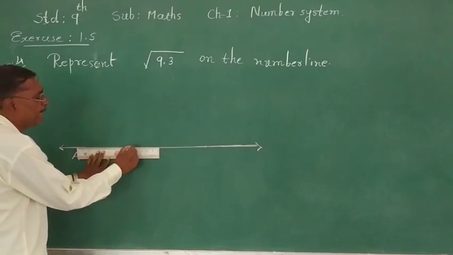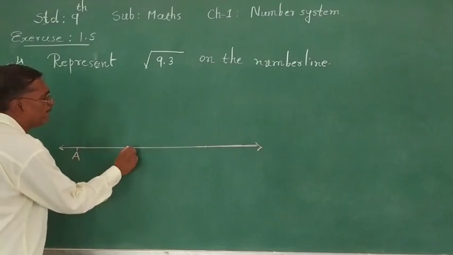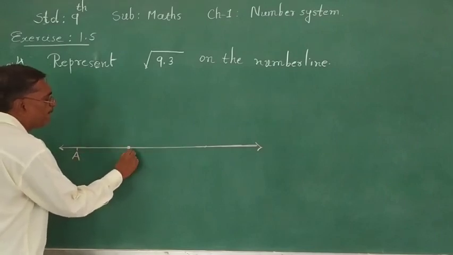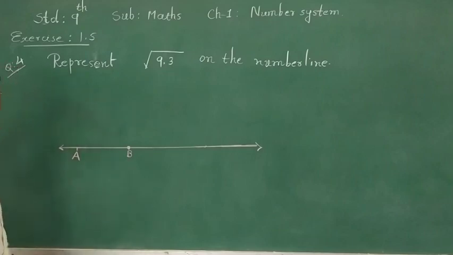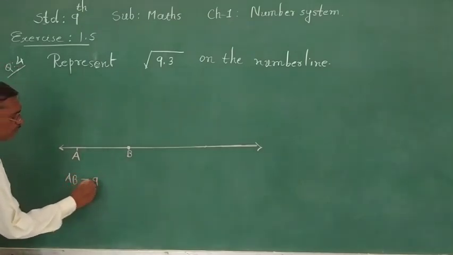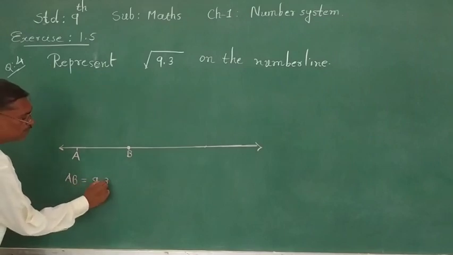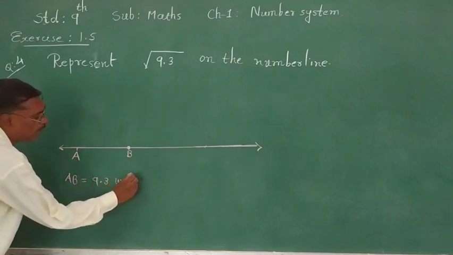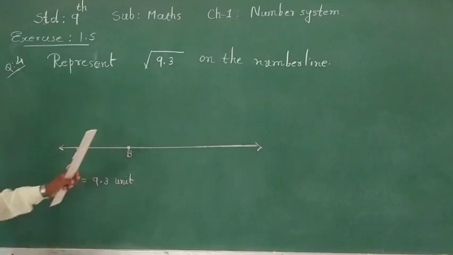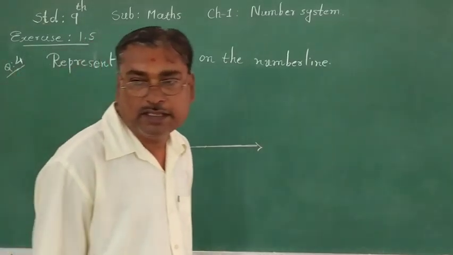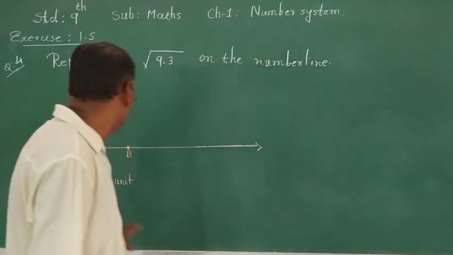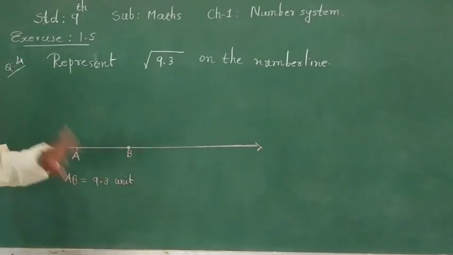Here, AB equals 9.3 units. You can take centimeters, don't worry, but here we have written units.